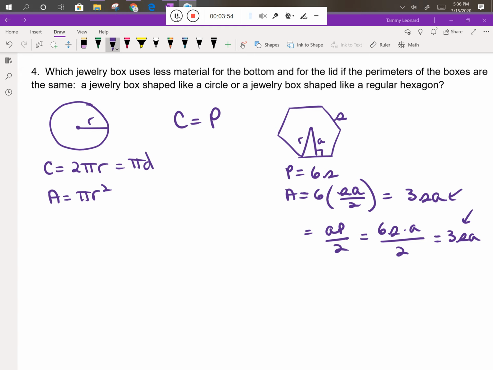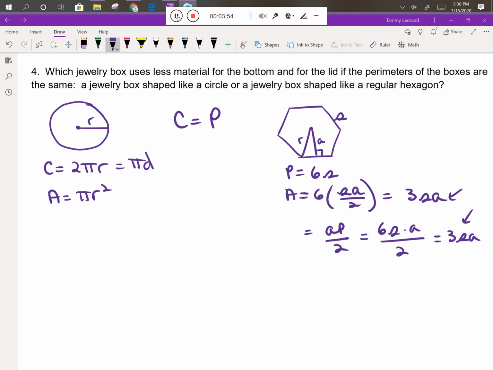How could I either solve for s or solve for r so that I can create expressions that are based on the same variables? Well, first of all, I could divide both sides by 2, right? Pi r is equal to 3s. So I basically have a choice. I can either divide both sides by 3, so I've solved for s, or I can divide both sides by pi so that I've solved for r.